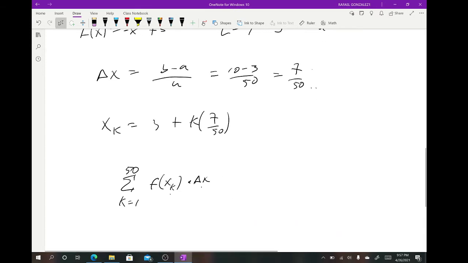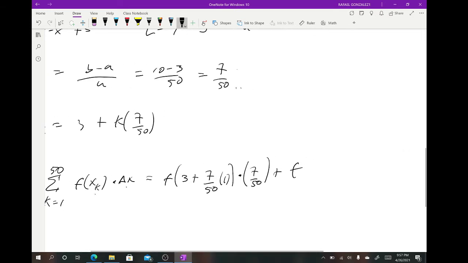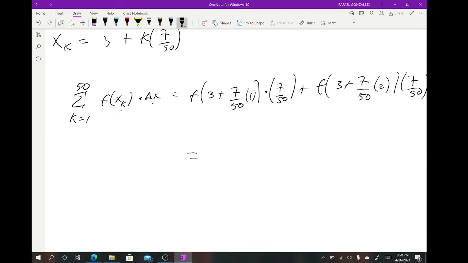But in reality, we know that this is simply equal to f of 3 plus 7 over 50 k, where obviously k is 1, 2, 3, so let me just actually write it like that. That's f of 3 plus 7 over 50 times 1 times delta x, which is 7 over 50, plus f of 3 plus 7 over 50 times 2, times 7 over 50, and so on. So what you really have when you simplify this is the following.